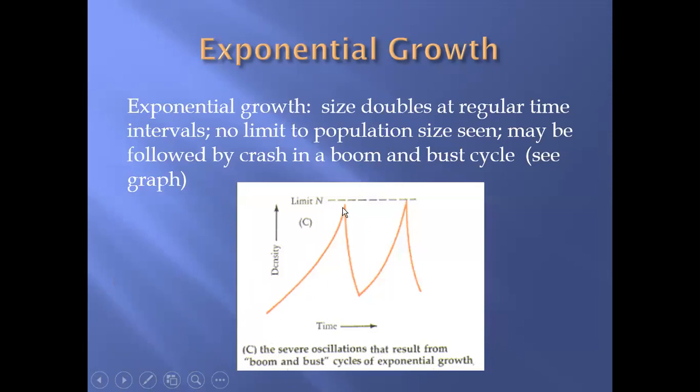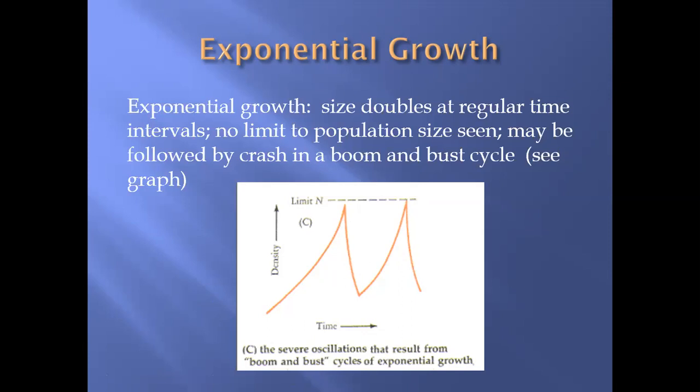Now, this may be followed by what we would call a crash and a boom and bust cycle. So let's say that a species moves into an area and there's a very abundant food supply that season. The population may begin to grow exponentially, okay? And then here, let's say they run out of food.